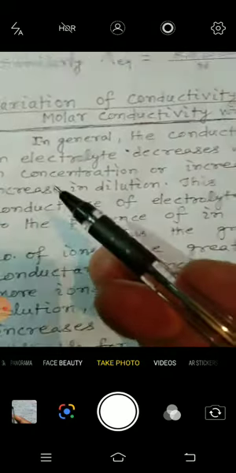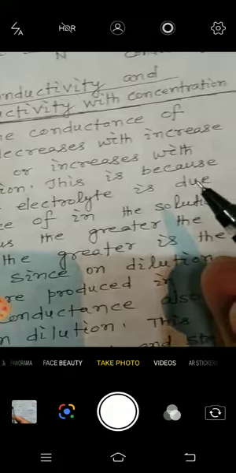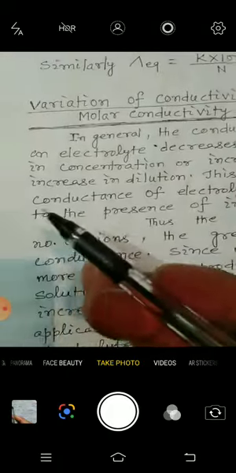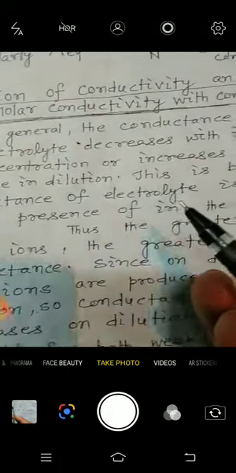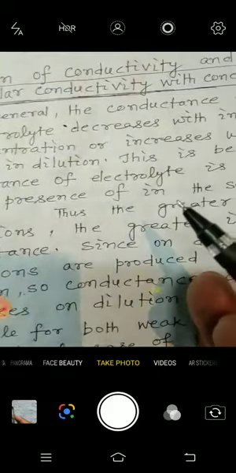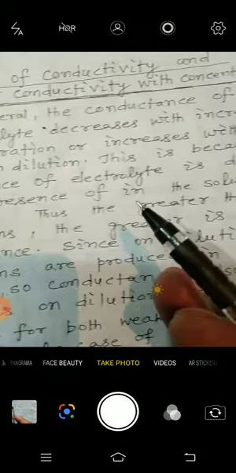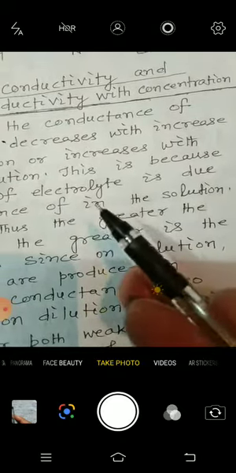This is because the conductance of an electrolyte is due to the presence of ions in the solution.